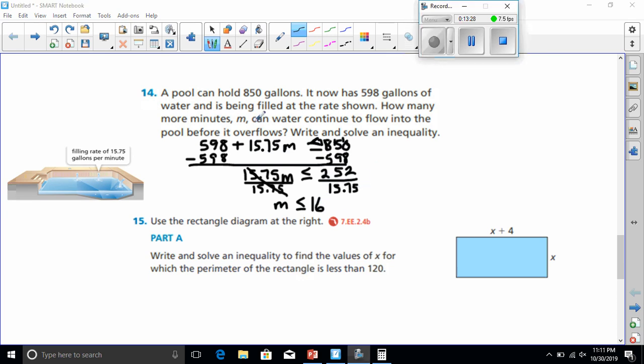Now looking at this as the answer for this question, it says how many more minutes can the water continue to flow into the pool before it overflows? So 16 more minutes, right? Actually, 16 minutes or more. Let's write that correctly.